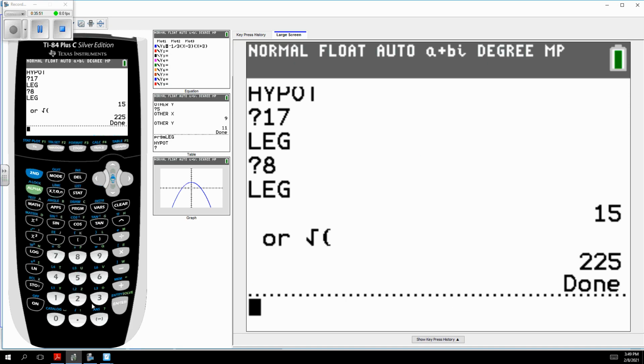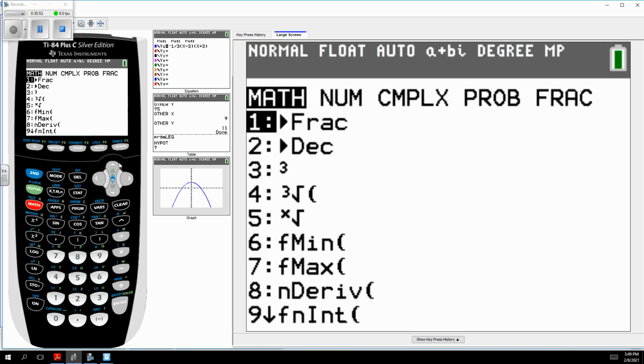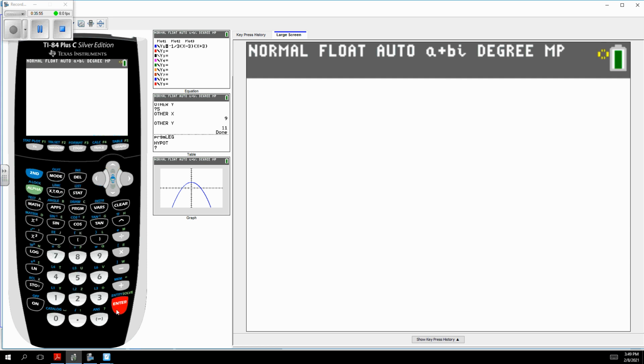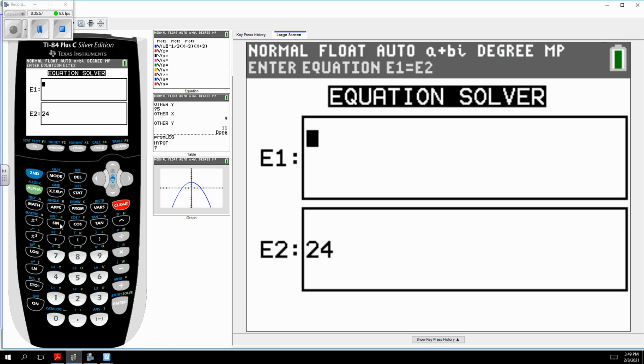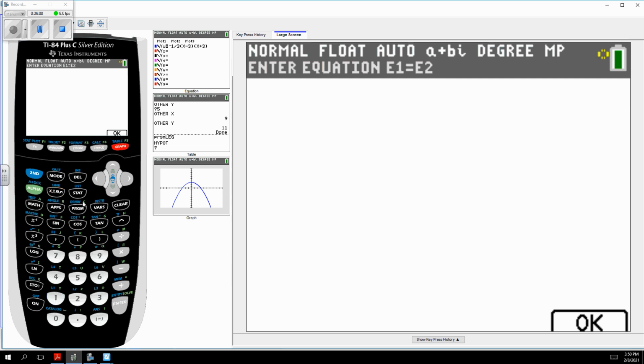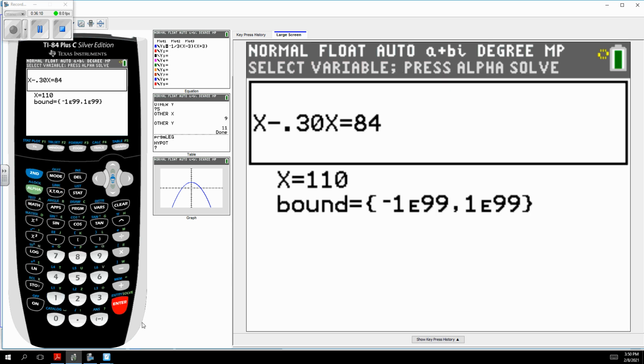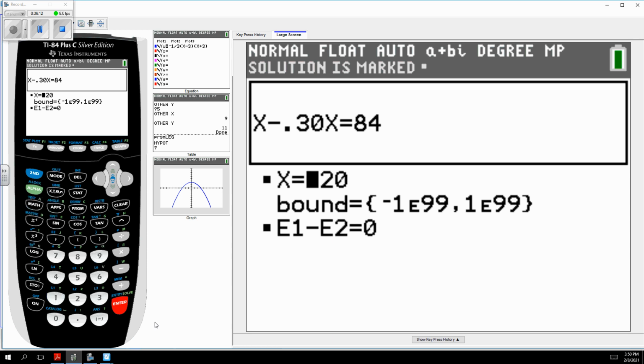I would use the solver for that. Okay, and it's 1x minus 0.3x gives you $84 for the price. Okay, alpha solve, and the price is 120.